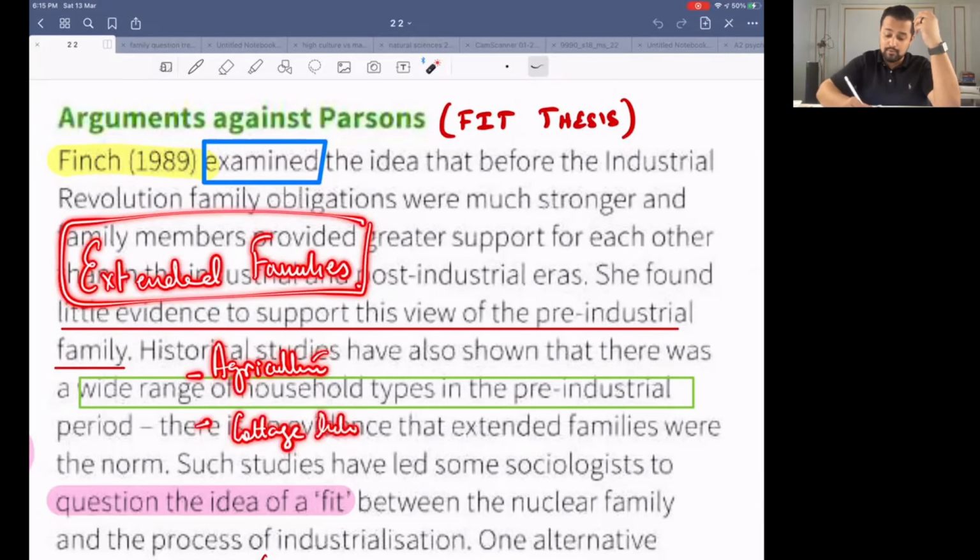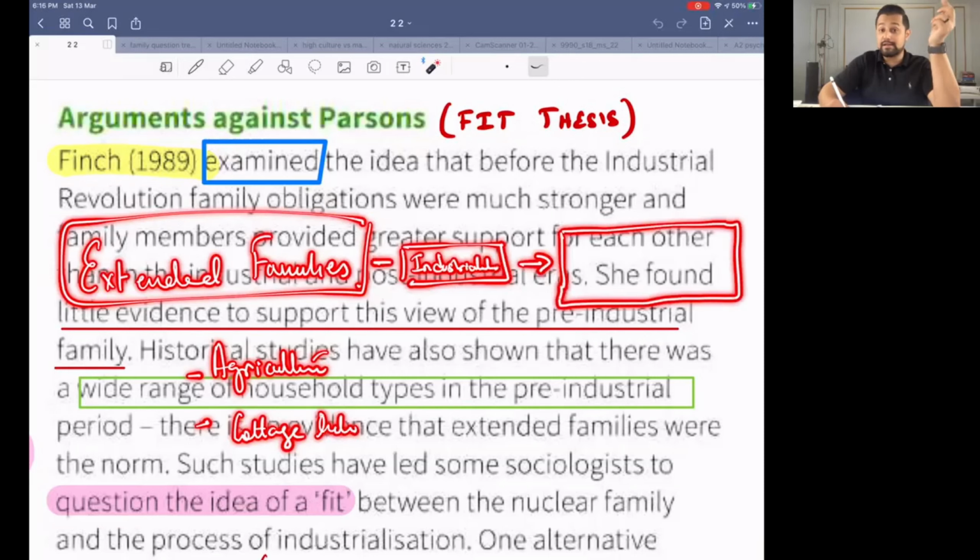And after that, what happened was that industrialization came to society, the industrial revolution came. And this industrial revolution eventually led to a decline in extended families and the popularity of nuclear families.